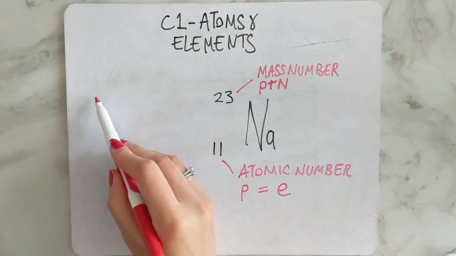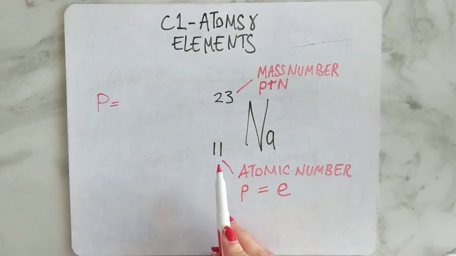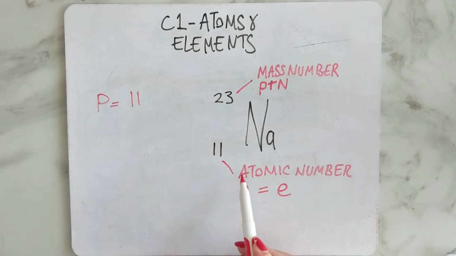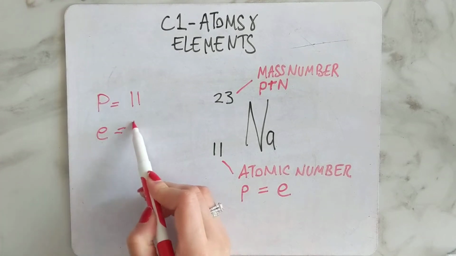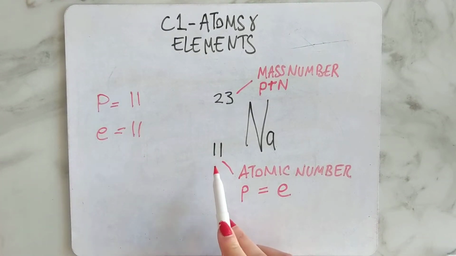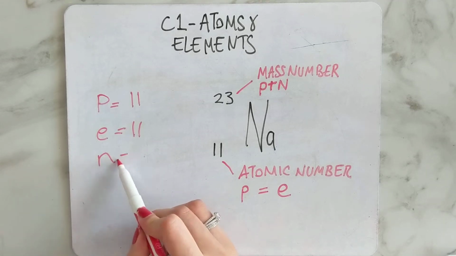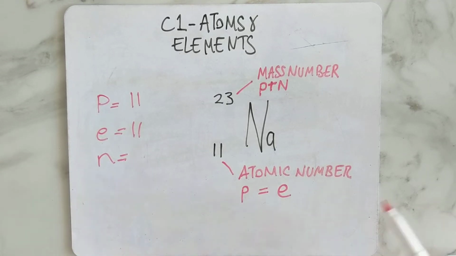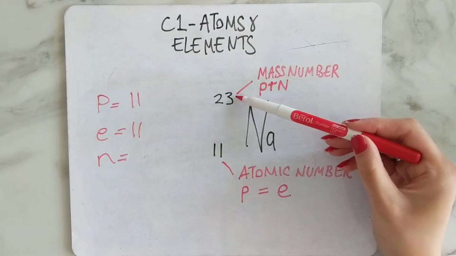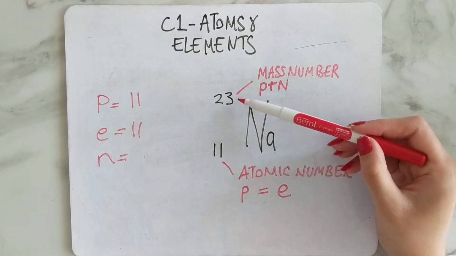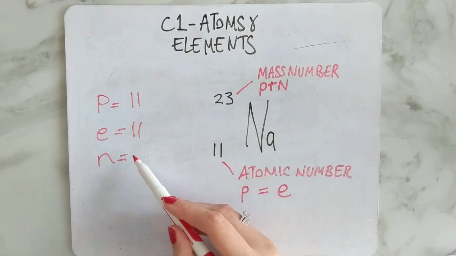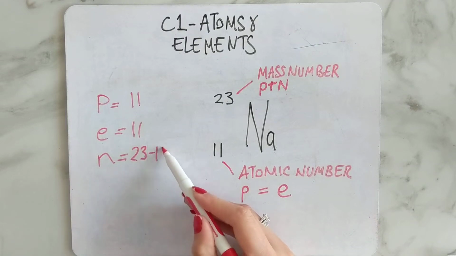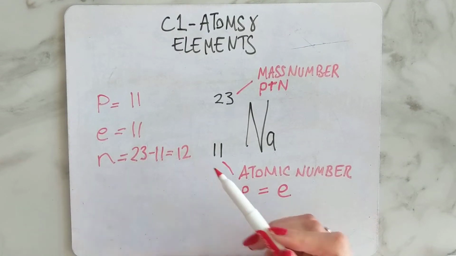So I'll just write it out here on the side then. So protons equals 11, it's the bottom number. Electrons equals 11. Again, it's the same, it's the bottom number. Neutrons, however, what we do is we do top number minus bottom, mass number minus atomic number. So 23 minus 11 equals 12.